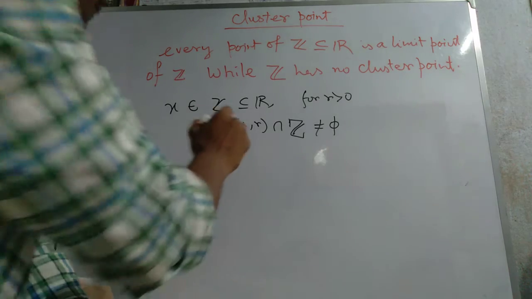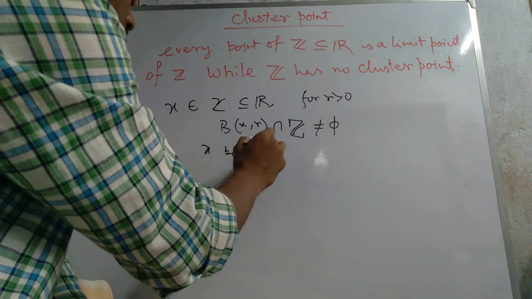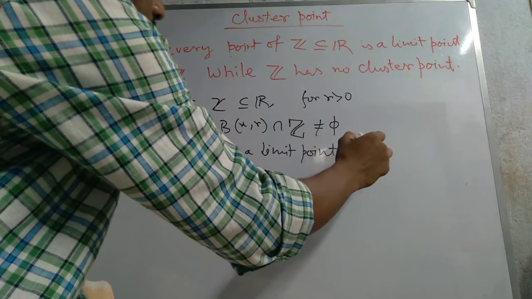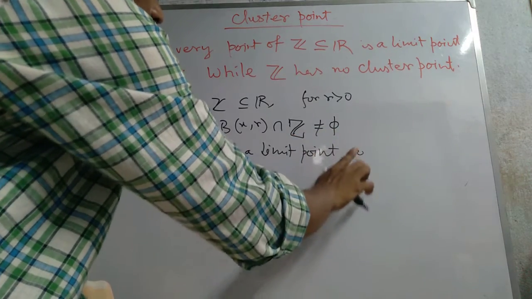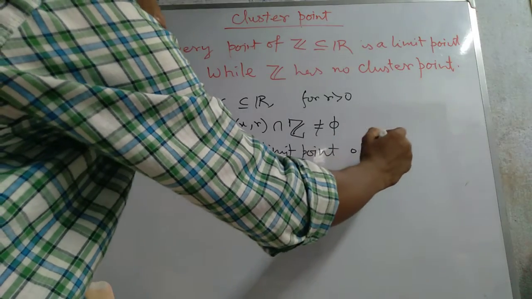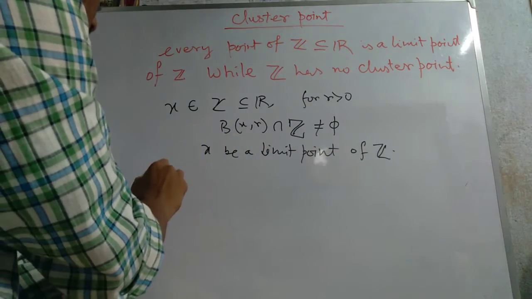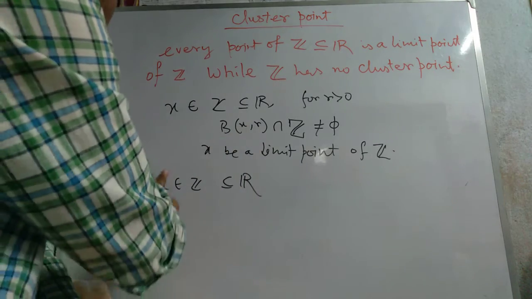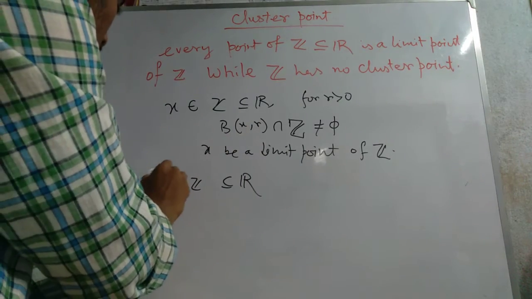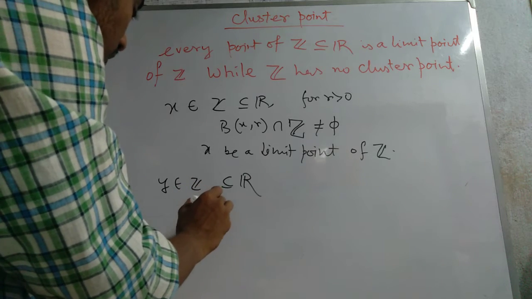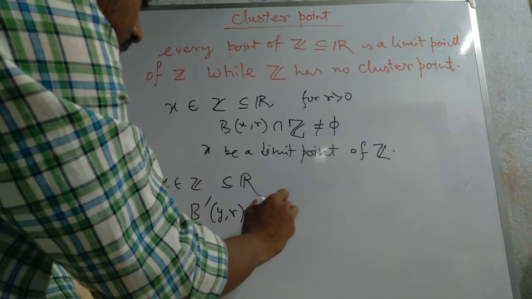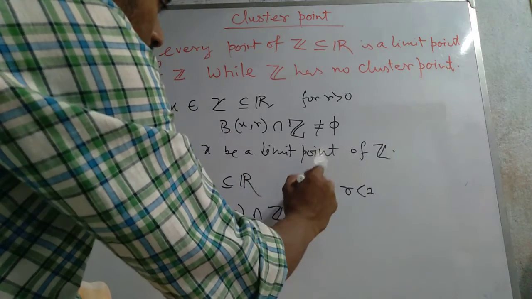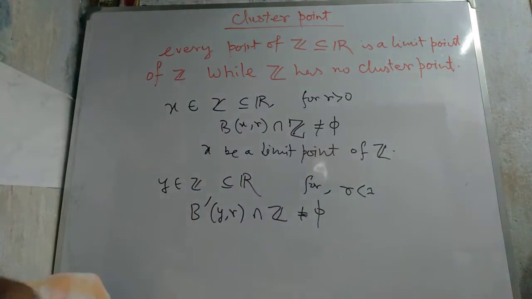Then X is a limit point of Z. But if X belongs to Z, a subset of R, here we construct around the point Y, B'(Y,r) intersection Z, and if we choose r less than 1, then this happens.